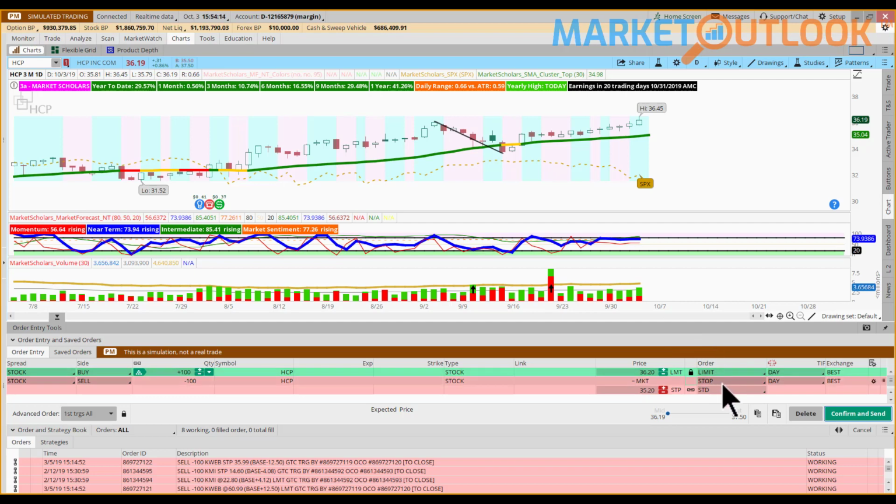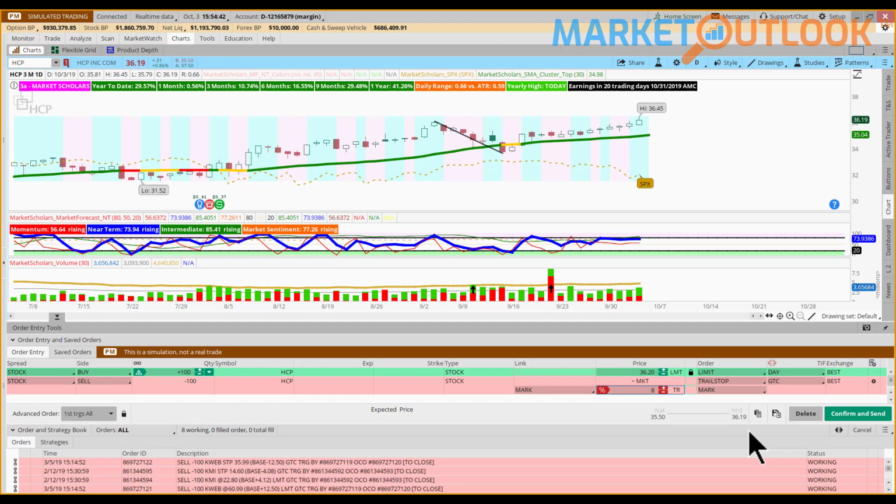But on the second line where it says stop and then day, I do want to change that day in the pink to good till cancel. And then where it says stop right here, that drop down, click on that and then choose trail stop instead. And then on this final line down below where you have this darker plus and minus sign, click on that twice, 1, 2, until that looks like a percentage, and then fill that percentage out with whatever percentage you want your trailing stop to represent.